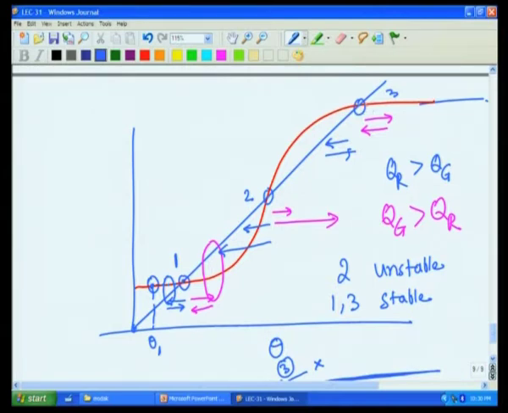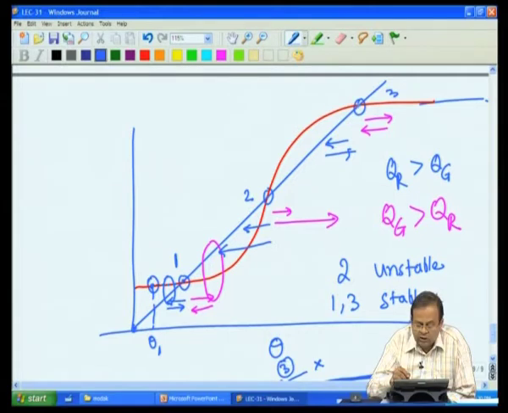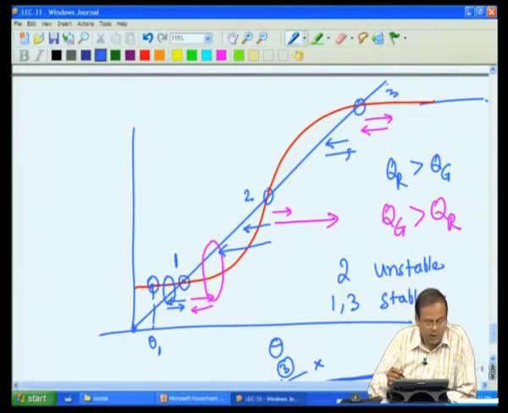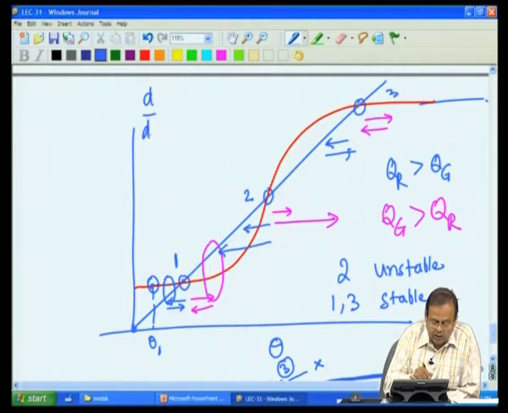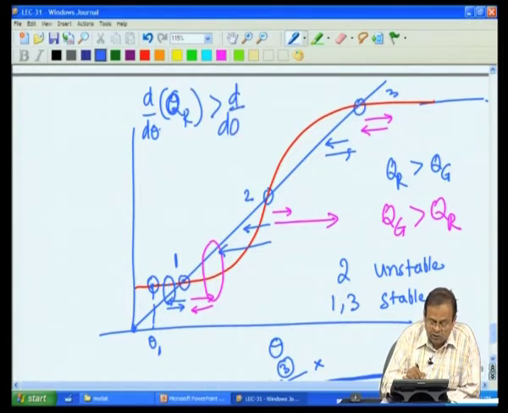If we increase the temperature, the QR value is higher than the QG value, right. That means the rate of change of QR with temperature is more than the rate of change of QG with temperature, because at steady state 3 both QG and QR are the same, but on increasing temperature QR is higher. In other words, at this point d QR by d theta is more than d QG by d theta.